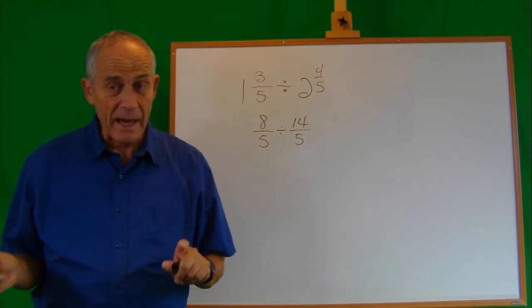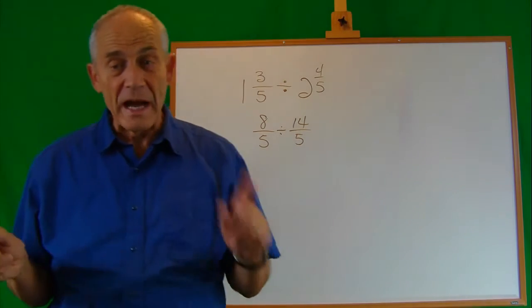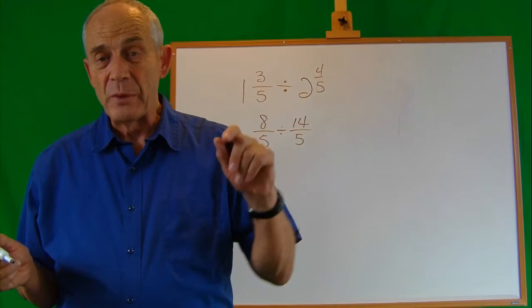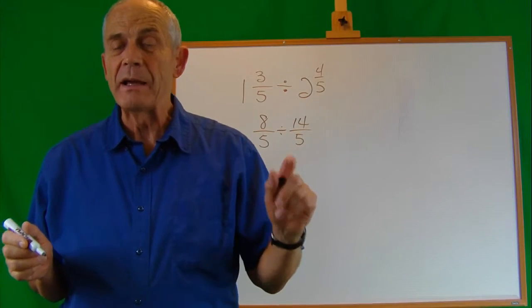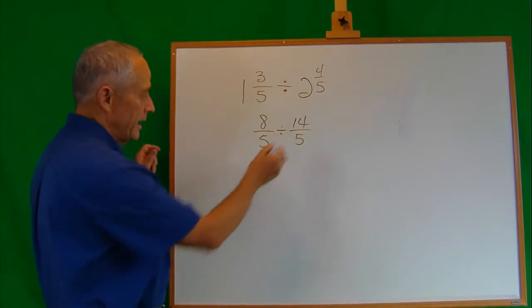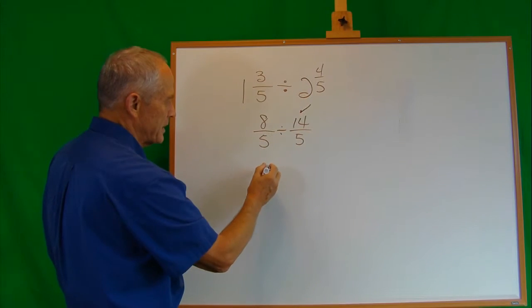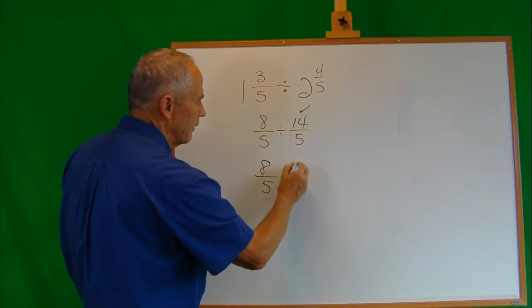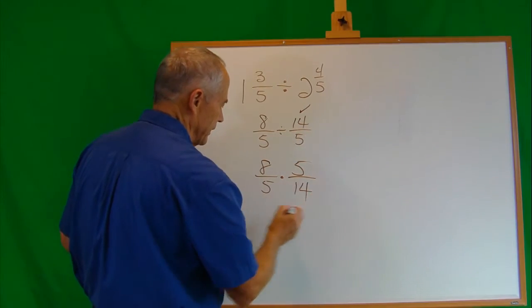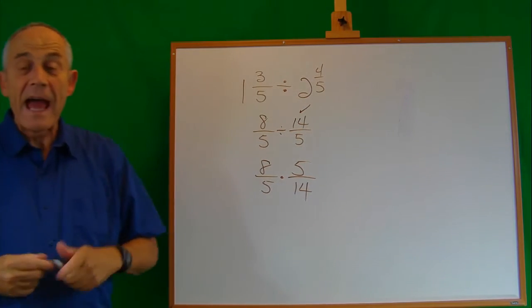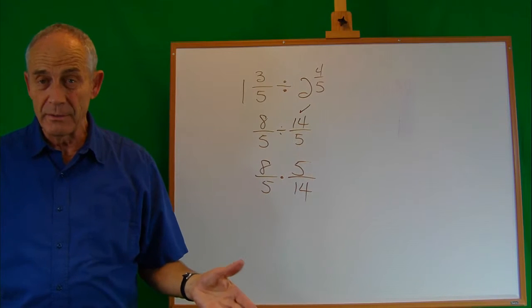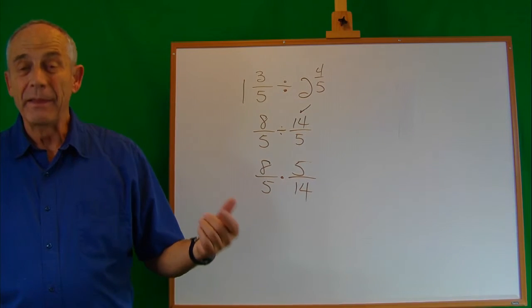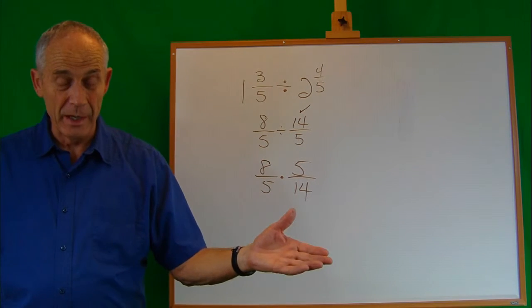So then I got to remember that we don't divide with fractions, rather we multiply by the inverse. Again, we multiply by the inverse of the second one, so it's 8/5 times 5/14.